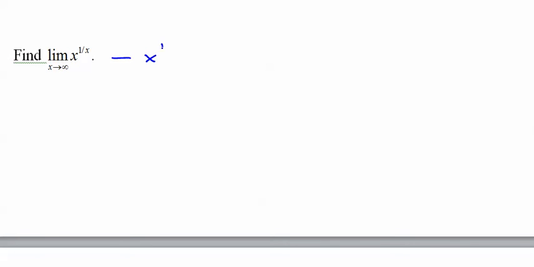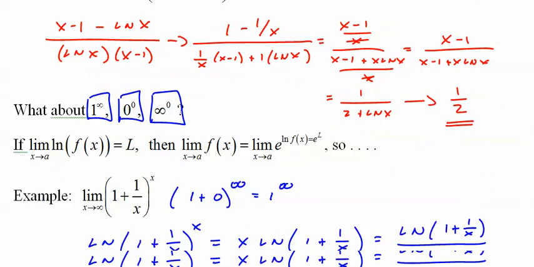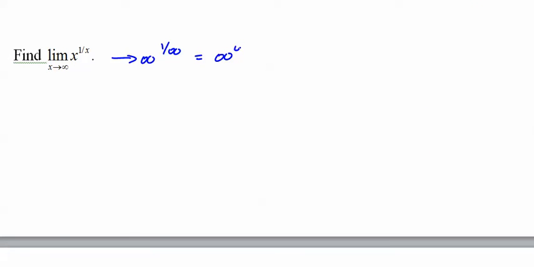x to the 1 over infinity. Infinity to the 0. On the list. So 1 over x, natural log of x, it's already set up.